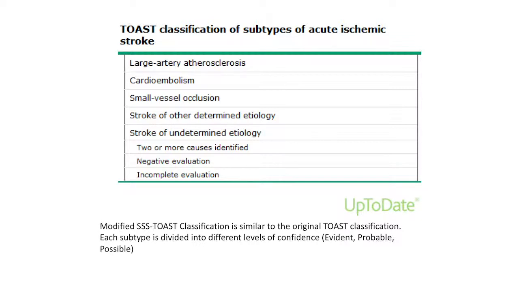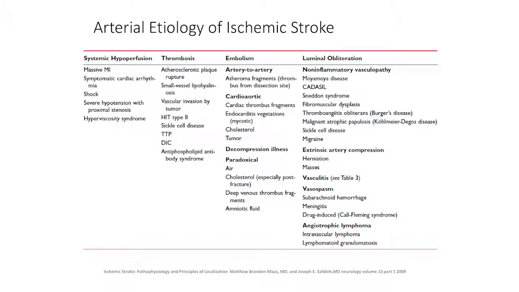So the etiologies are many, ranging from systemic hypoperfusion, thrombosis, embolism, and luminal obliteration. If you start evaluating a patient who presents with stroke, there are so many tests you can do. Before you name it cryptogenic, there's a lot you can actually do before you say it's idiopathic.